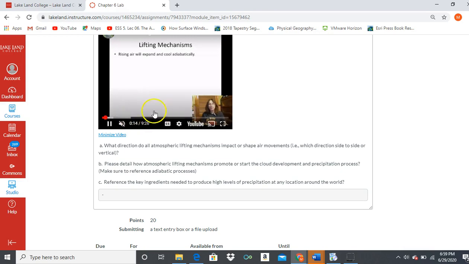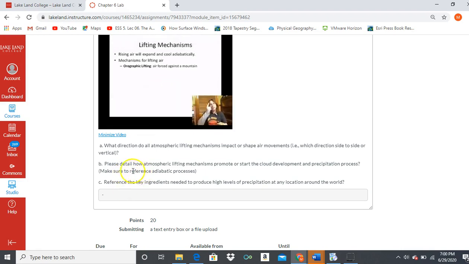Is it about the air going sideways or going up? If the air is going up, you should understand specifically why rising air tends to lead to cloud development and rain. It has everything to do with adiabatic expansion and how air cools, and as air cools it lowers its ability to hold water vapor, and that promotes condensation and rain.